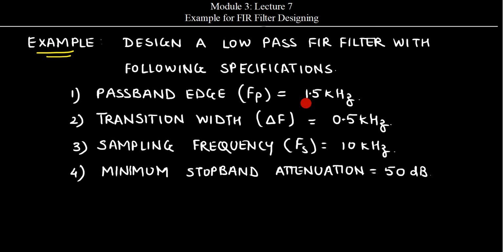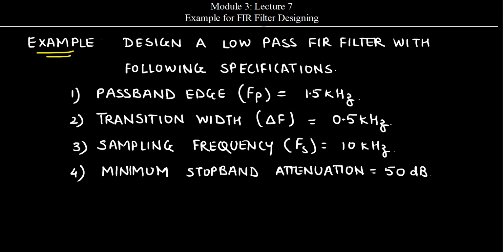Now if we observe these specifications, that is passband edge, transition width, sampling frequency, we can see that this is all for the continuous time signal, but we need to design a discrete time filter with a sampling frequency as 10 kHz. So first step is to convert these continuous time parameters to discrete time parameters.